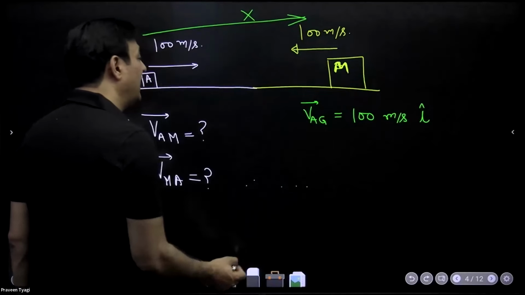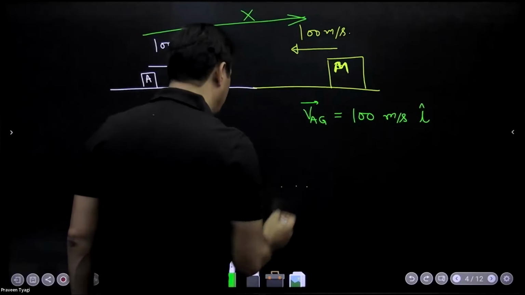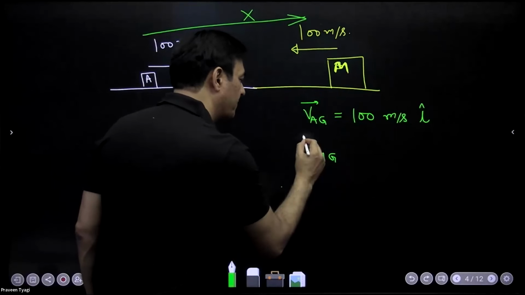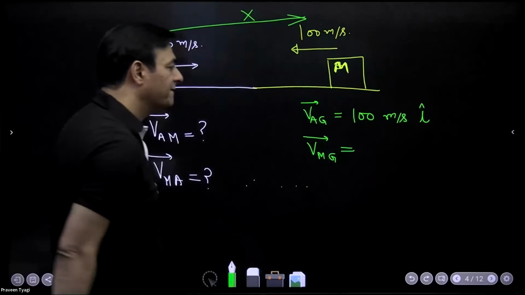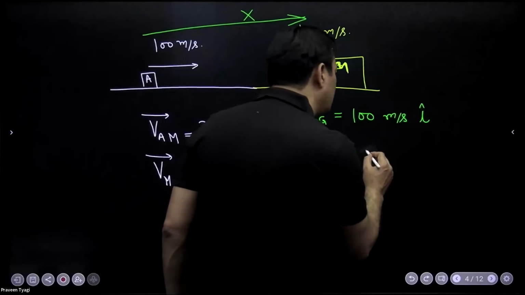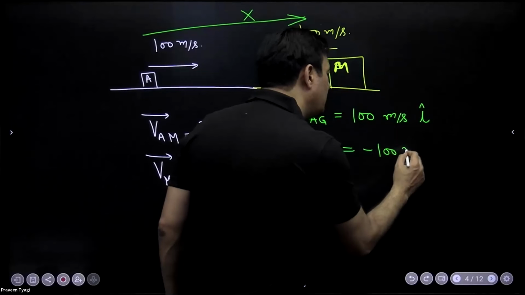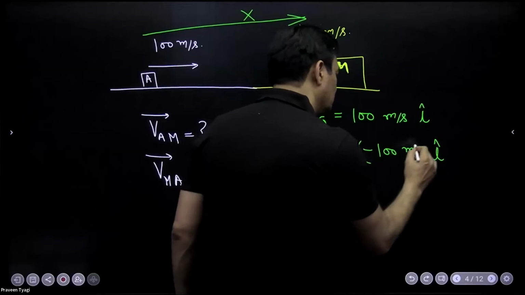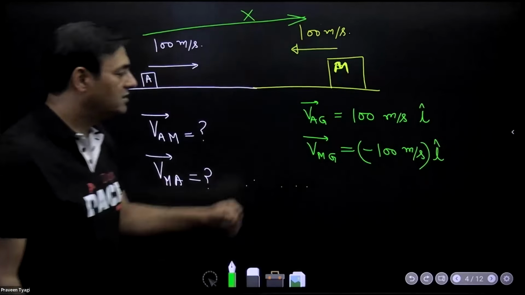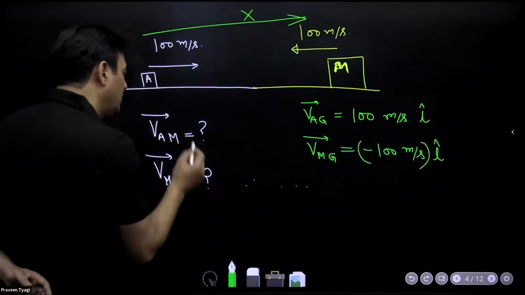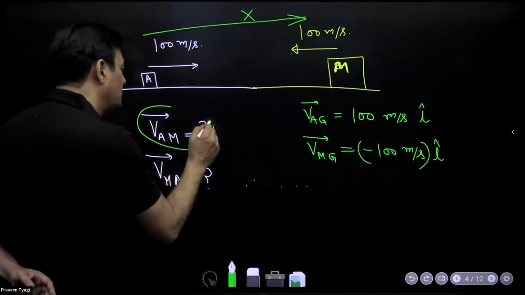Now, can anyone tell me what is velocity of Minasri as observed from the ground? Is it 100 meter per second I cap, or is it minus 100 meter per second I cap? Now, if I want to find this, the process is very simple.